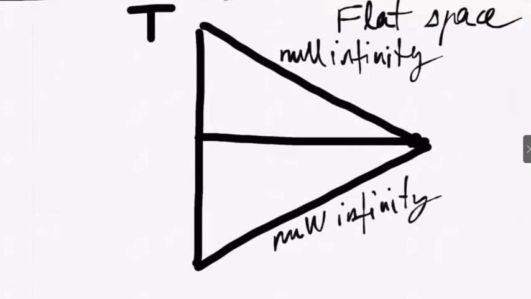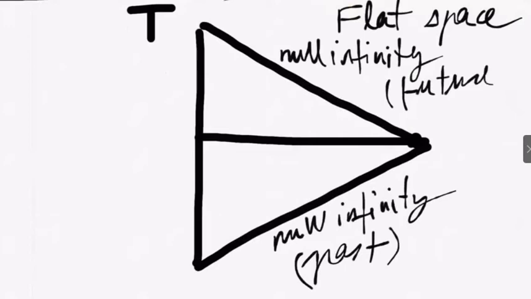Now, this is the past null infinity, and this is the future null infinity surface for obvious reasons. Please remember that it's going to take an infinite amount of time for you to reach that line. The same way that anything coming out of here will take an infinite amount of time to reach you.